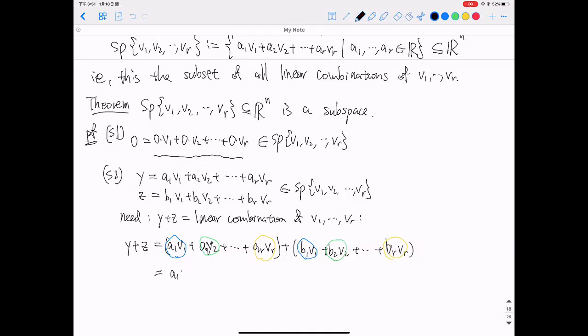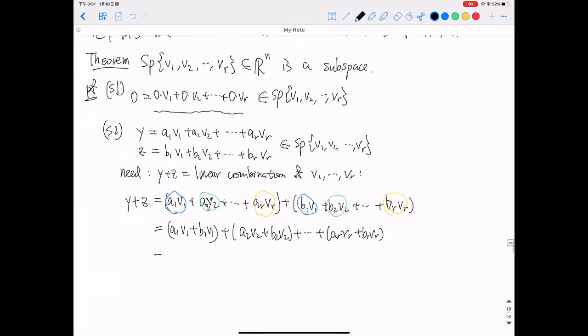If you do that, you get this. Now you can further process this using one of the properties of scalar multiplication to write a1v1 plus b1v1 as (a1 plus b1) times v1. a2v2 plus b2v2 can be written as (a2 plus b2) times v2.